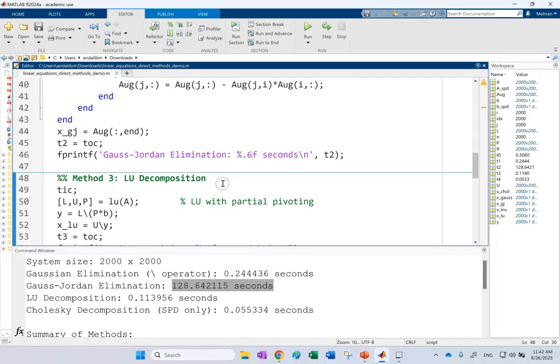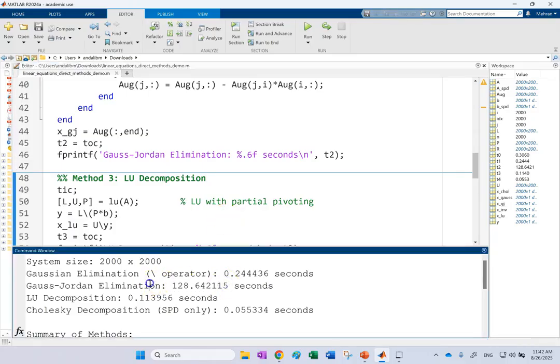So typically, the moral conclusion is the Gauss-Jordan elimination is not really something that you want to use in normal conditions. It takes a lot of time, there is no MATLAB command for it, there is no optimized command, and we barely use this in reality. We typically only use Gauss elimination.